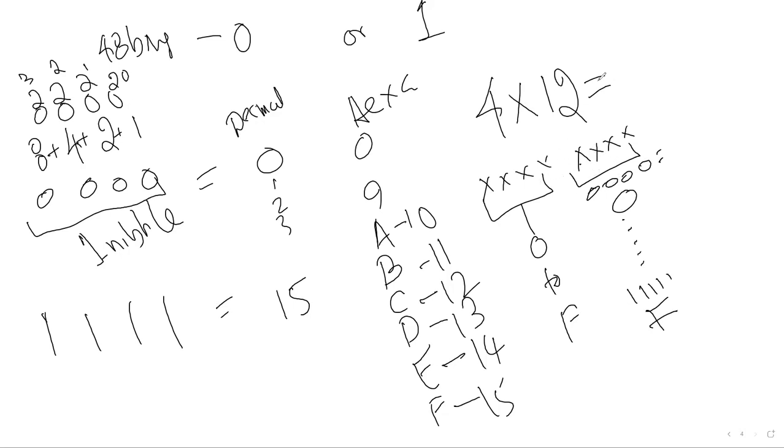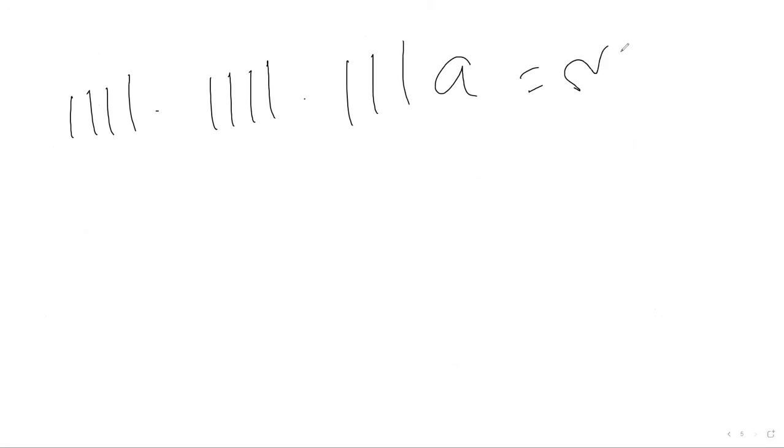Repeating that 12 times, 12 times 4 becomes 48. So if I'm writing something like 1111.1111.1118, this is one MAC.